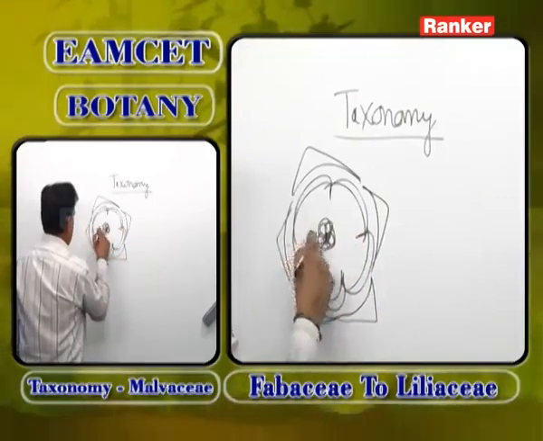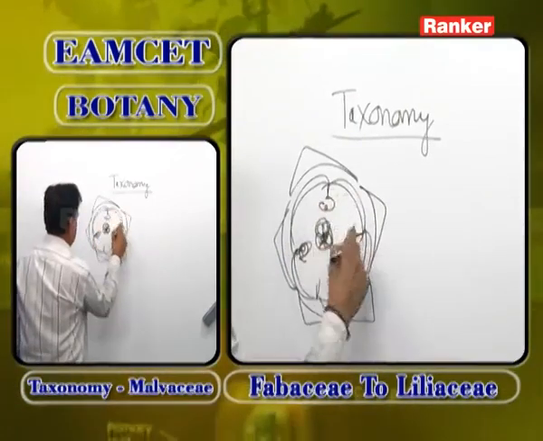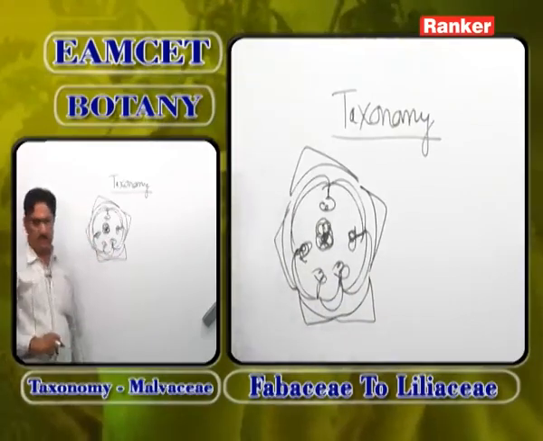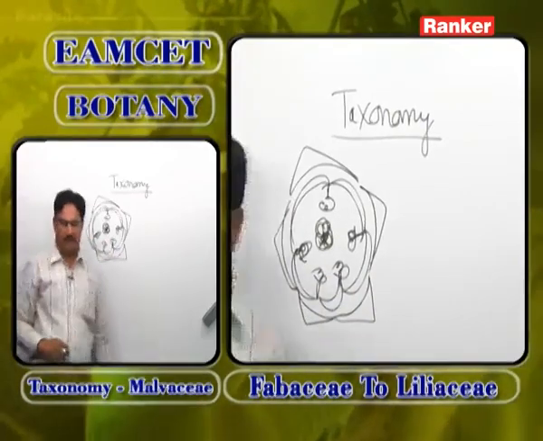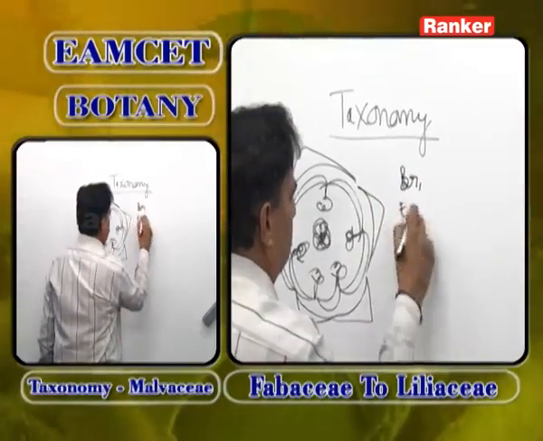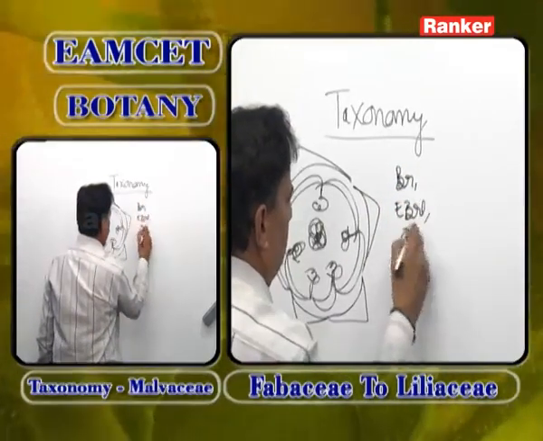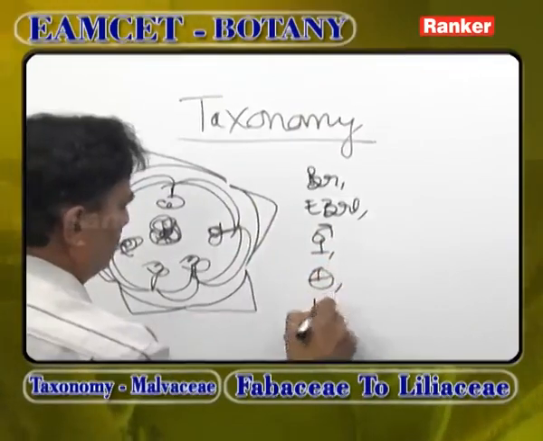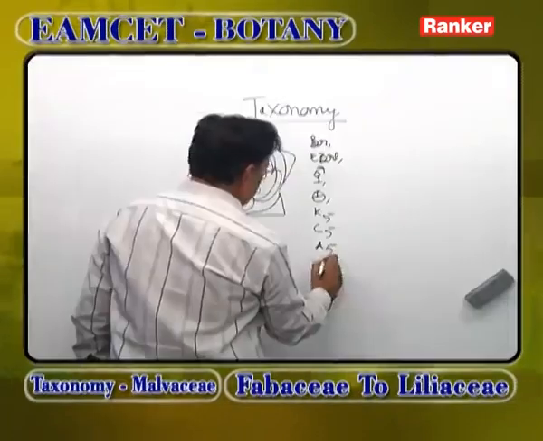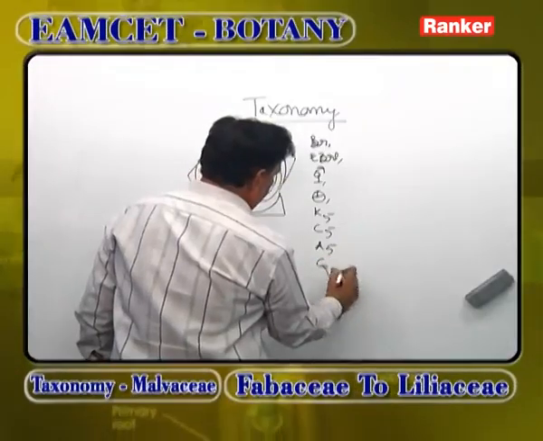All the characters are found in the floral diagram. In the floral formula, you will write bracteate, ebracteolate, bisexual, actinomorphic, calyx 5, corolla 5, androecium 5, gynoecium 5 carpels.